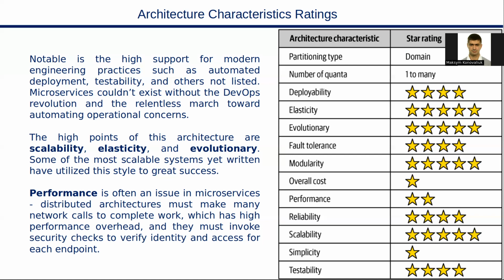So the performance is not so good. You can notice that most of the disadvantages are cost and simplicity. It's not cheap to implement, and it is not simple to implement.